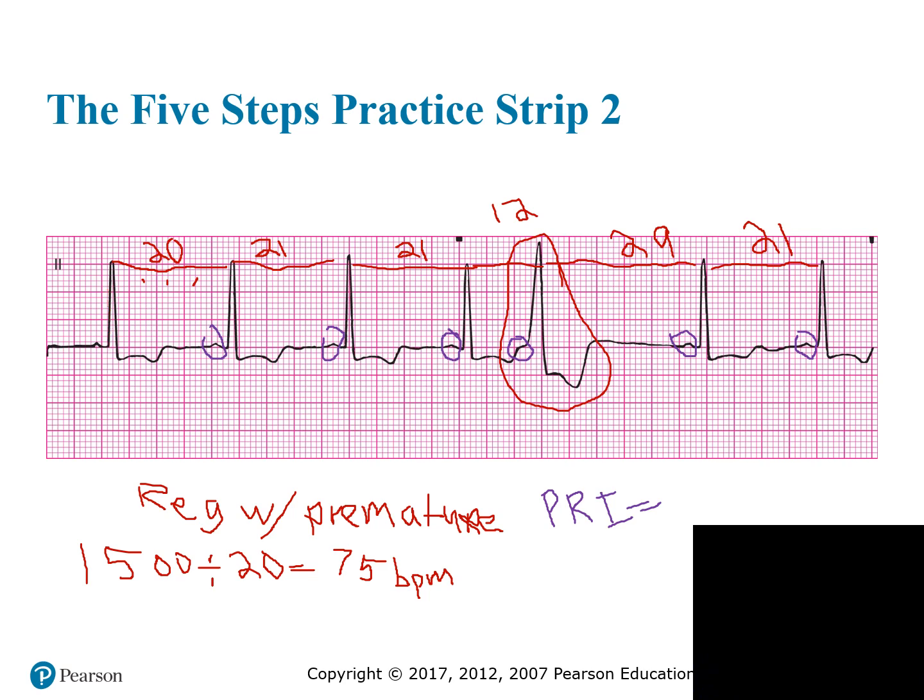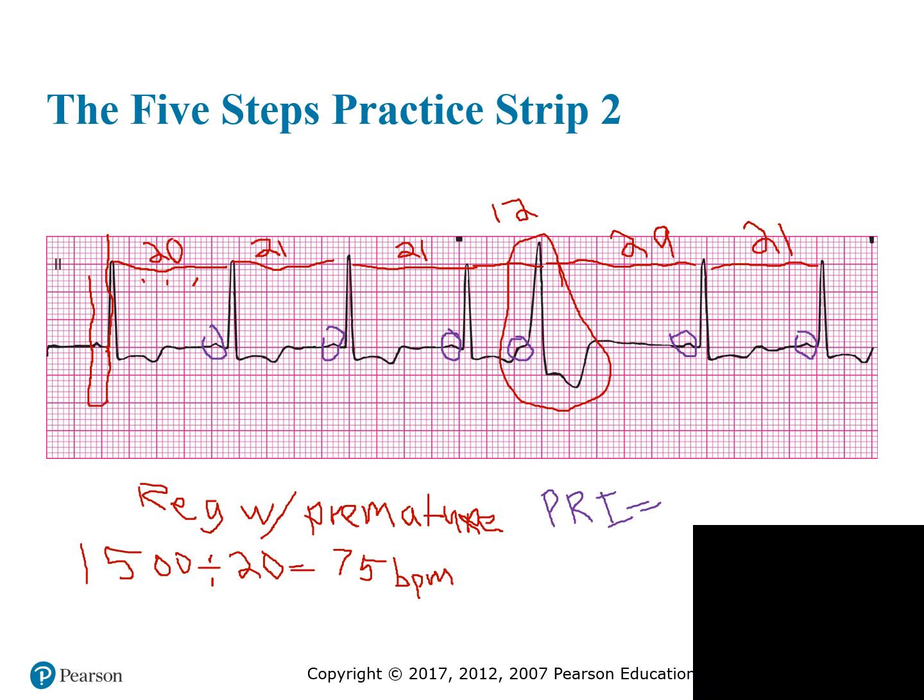Oh, it erased the whole line. From the beginning of P here to here, that is our PR interval.